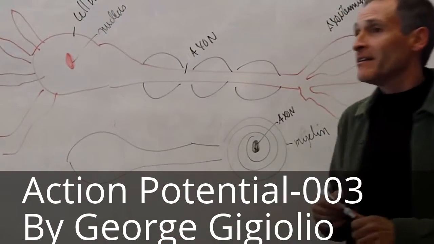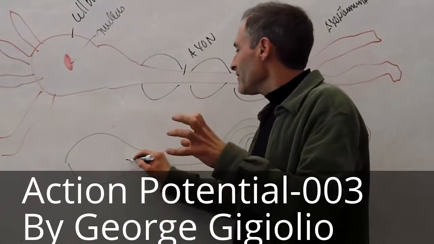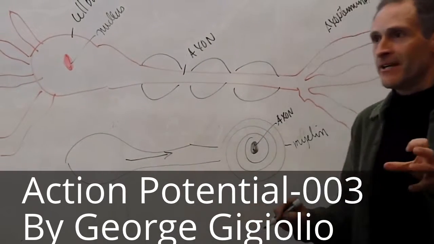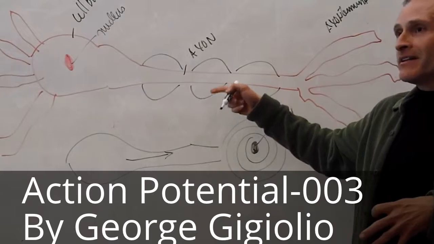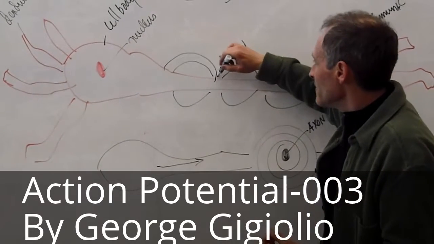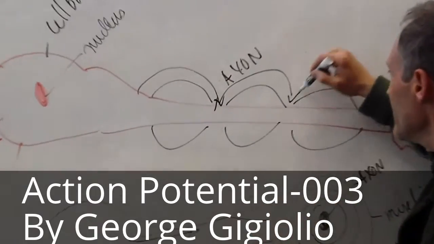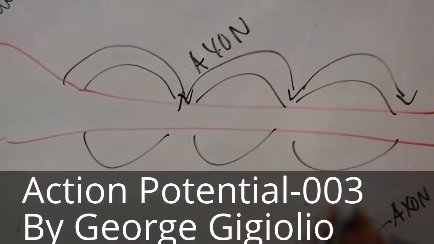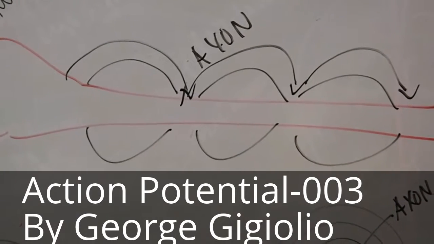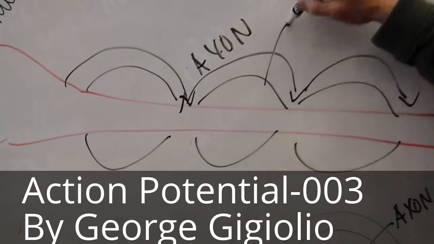So you get an axon here, right? A non-myelinated action potential. The signal travels through here, right? In a myelinated axon, the signal jumps from node to node. Anyone know the names of these nodes? These are myelin sheaths, right?